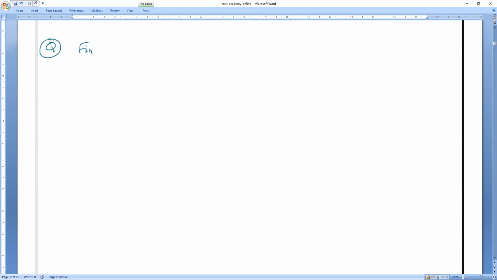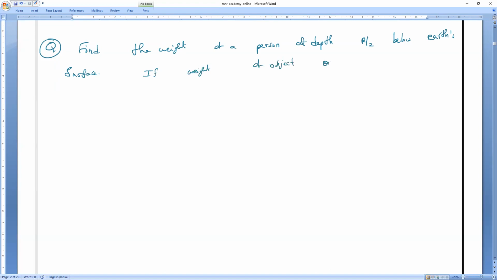Right, first question, everybody. Find the weight of a person at depth R/2 below the earth surface, if the weight of the object on the surface is 100 newtons.